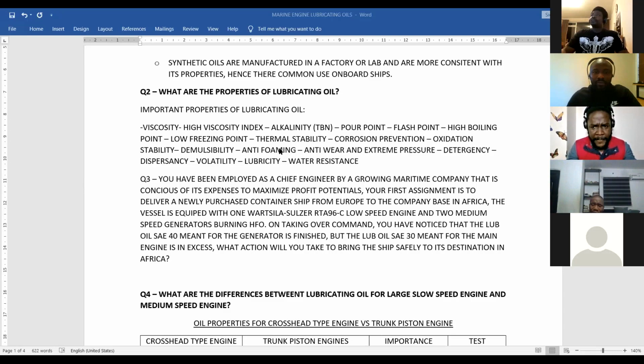So the next thing the ship will ask you is to get the specification of the lube oil we have on board, which will be sent to the company ashore to get the lube oil required.